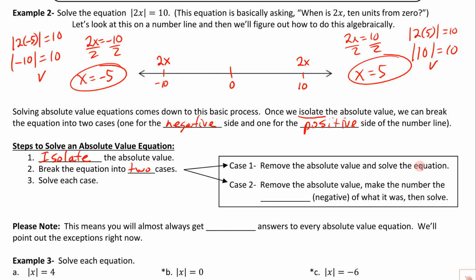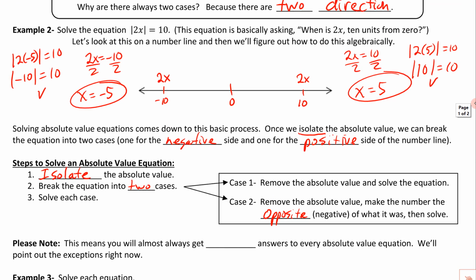So that's really easy. We just literally take off the absolute value. And the other one is a little bit tricky, and we'll talk about why we do this. We remove the absolute value and we make the number the opposite of what it was, or the negative of what it was, and then we solve it. Okay? So let me show you, we've actually done this already.